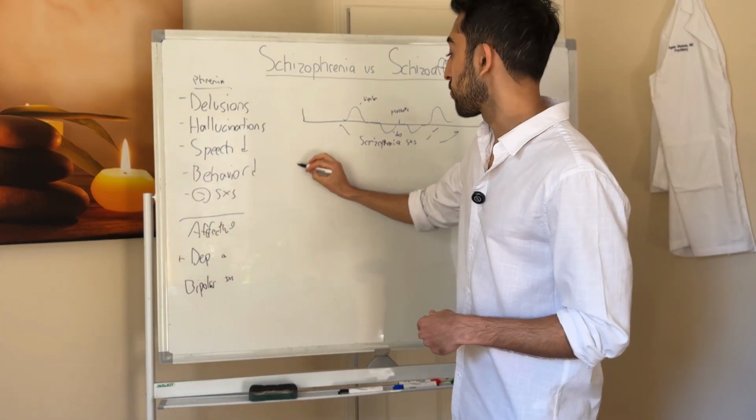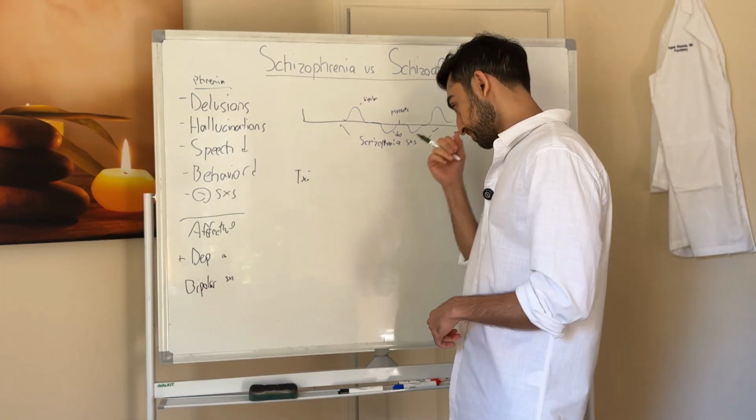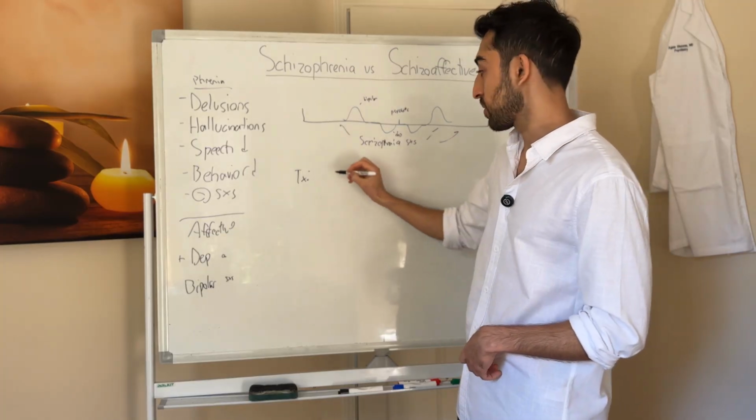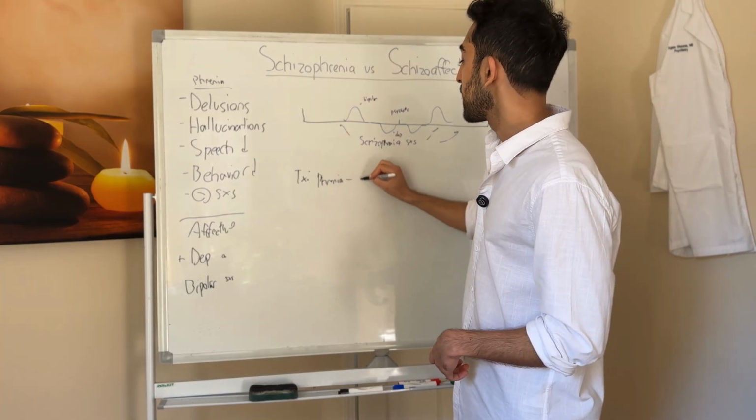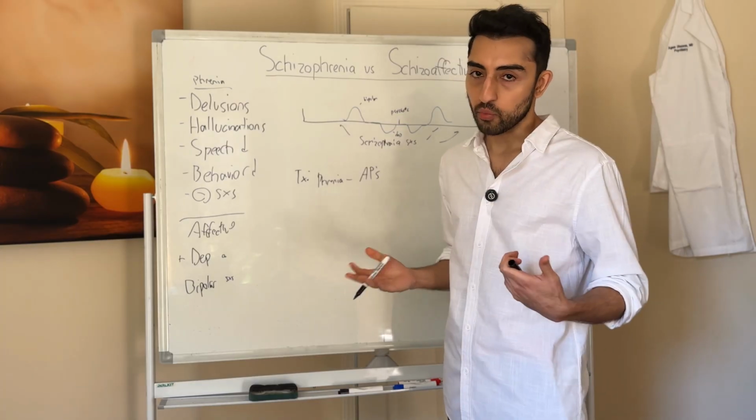So now if we're trying to treat it, okay, what do we do to treat this? The mainstay treatment of schizophrenia is antipsychotics. No, it's not a shocker, right? We all knew that.